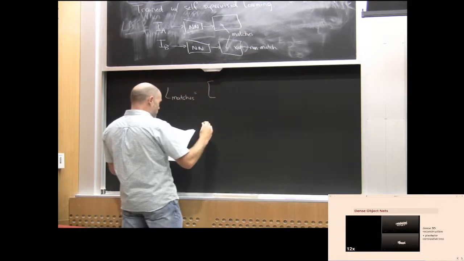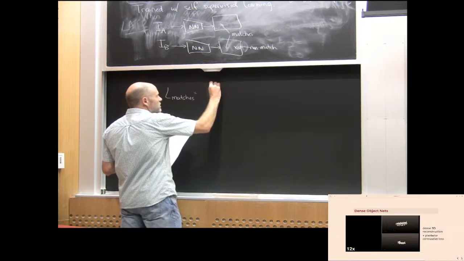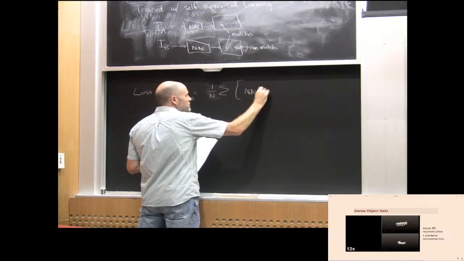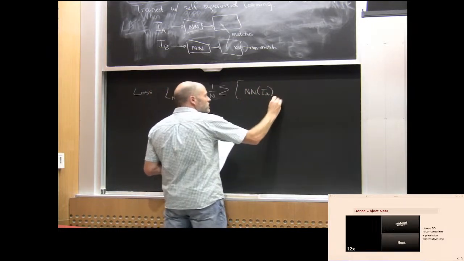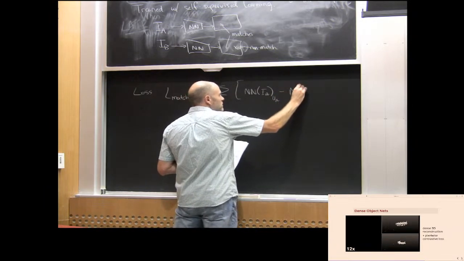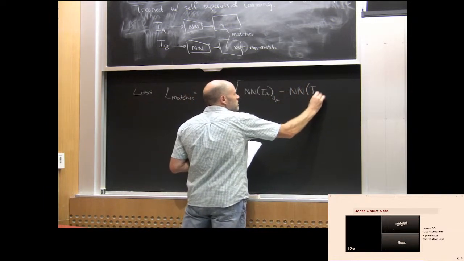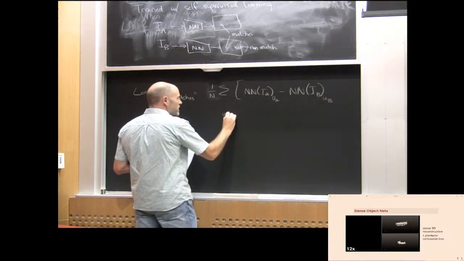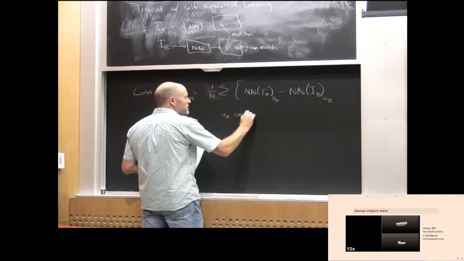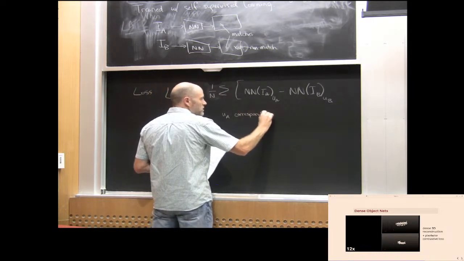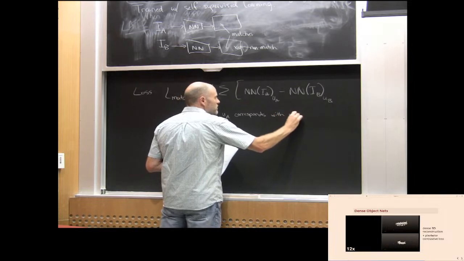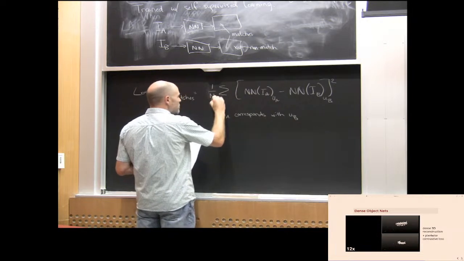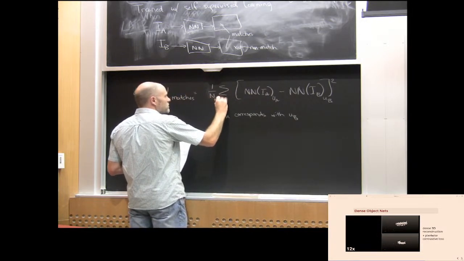We say that we want some average of the neural network output from image A at a known location UA minus the neural network output in image B at the known correspondence UB, where UA is known to match with UB, right? I minimize that loss. I normalize it over the total number of matches.